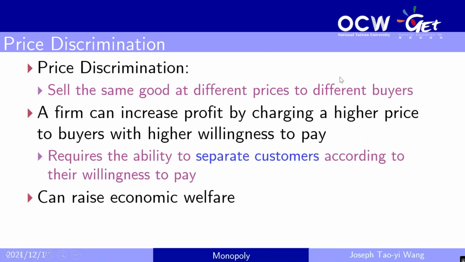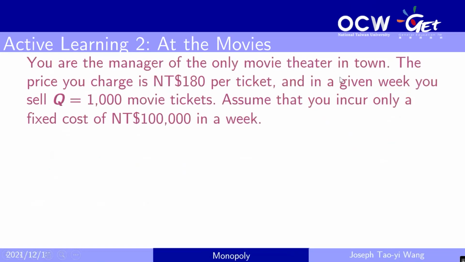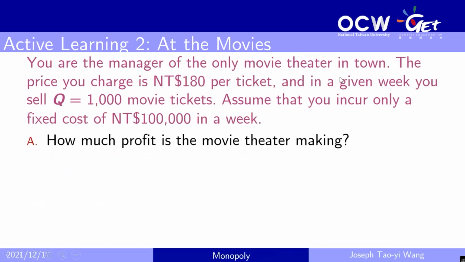And in fact, with price discrimination, you could actually increase efficiency. Let's take a look. So suppose you're the manager of the only movie theater in town. The price you charge is $180 per ticket. And given you sell 1,000 movie tickets, assume you only incur a fixed cost of $100,000 per week. How much profit is the movie theater making? Question one.